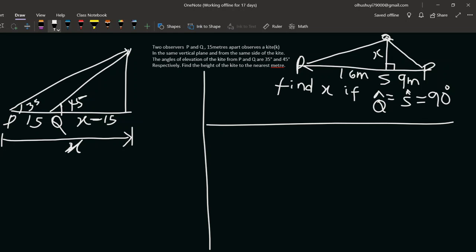Let me call this K. So QK is x minus 15. So what are we looking for here? We are looking for the height. Okay, good. So what do we do?